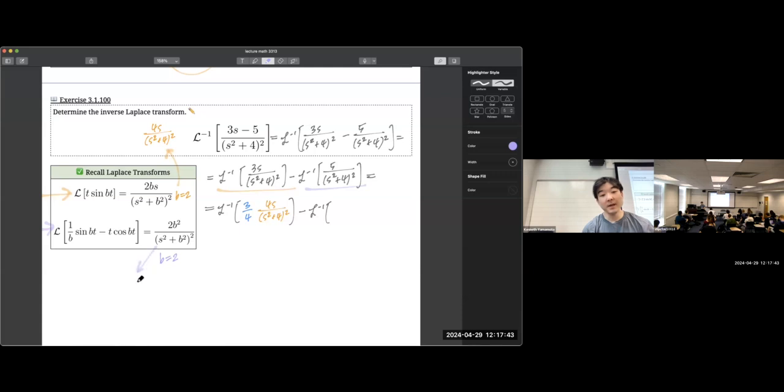So if you use b as 2, then it'd be 2 squared times 2, which is 8, over the thing we want on the bottom, s squared plus 4 squared. We need a 5 here, so we'll be multiplying by 5 over 8. And then you'll have this piece that we know.